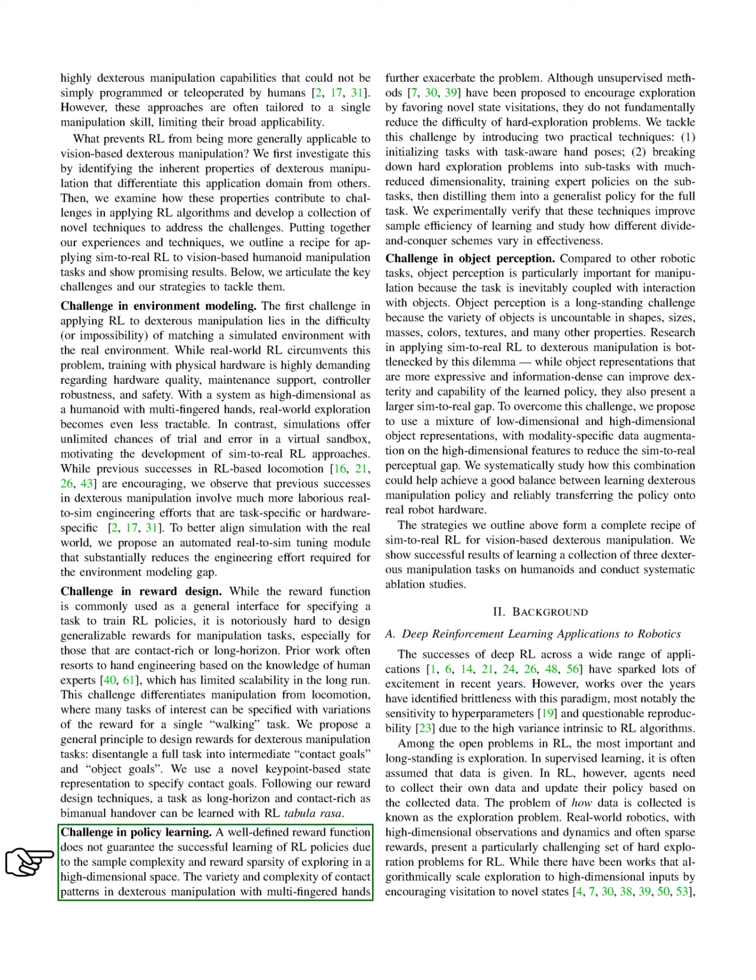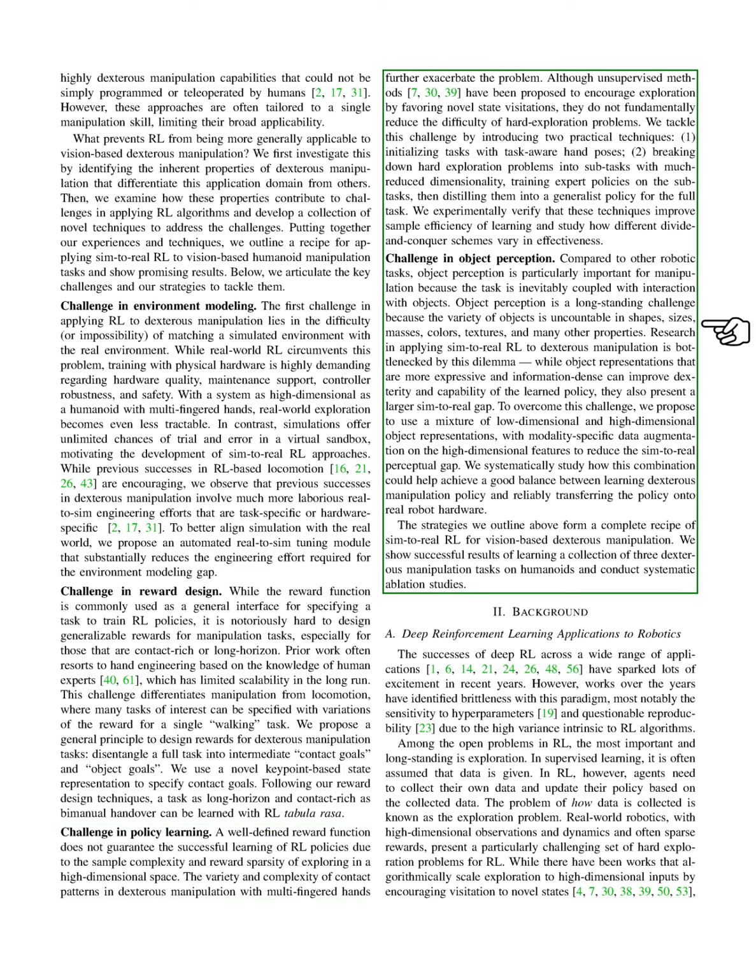The third challenge is policy learning. Even with a well-defined reward function, learning effective RL policies can be tough due to the complexity and sparsity of rewards in high-dimensional spaces. The diverse contact patterns in dexterous manipulation further complicate this. While unsupervised methods have been suggested to promote exploration, they don't fundamentally solve hard exploration issues.